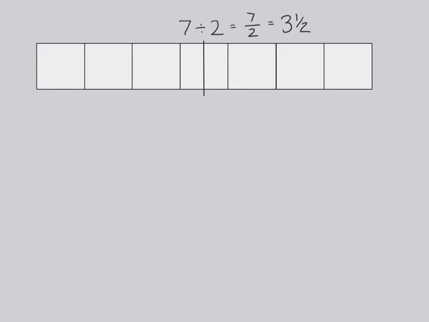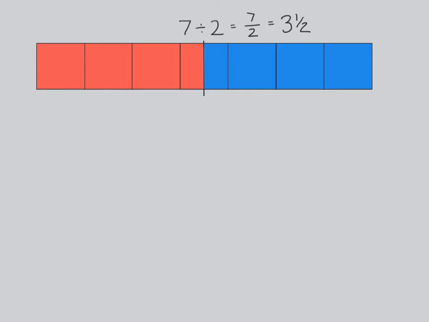And then we went to half of the pattern and we coloured it red, and the other half we coloured it blue. And then we said, here we've got 1, 2, 3, and then a half. So we said half of 7 is 3½.